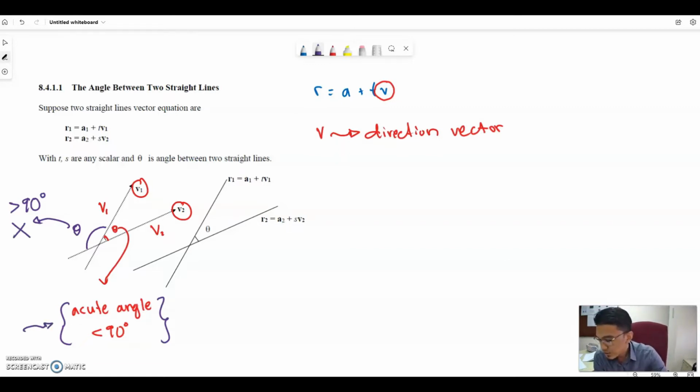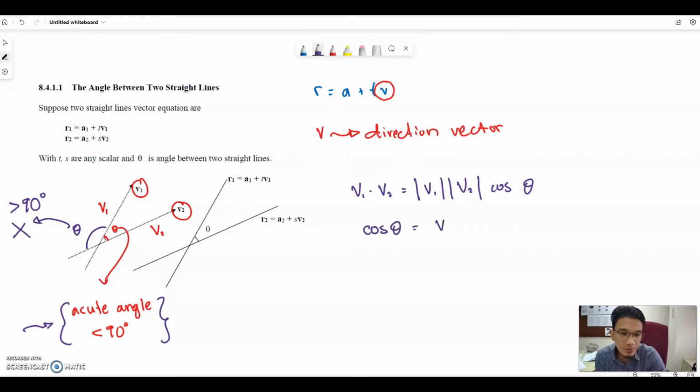To calculate the angle, we refer to the formula of the dot product, which is V1 dot V2 equal to the magnitude of V1 multiplied by the magnitude of V2 and then cosine theta. We can rearrange this formula. Now we have cosine theta equal to V1 dot V2 divided by the magnitude of V1 multiplied by the magnitude of V2.